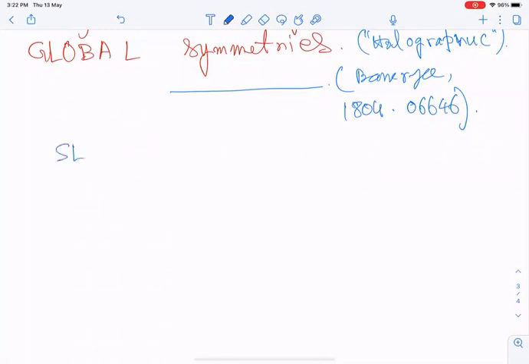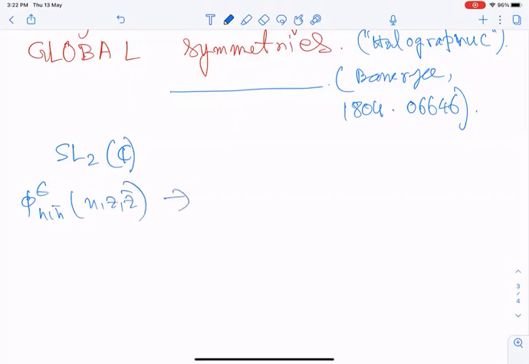But under SL(2,C) it does. That is the transformation law which you wrote down, phi(u, Z, Z bar) goes to some phi prime. These transform covariantly with weights H and H bar, exactly. But for the time being, let's just talk about the free fields. Now we'll go to the interacting case.